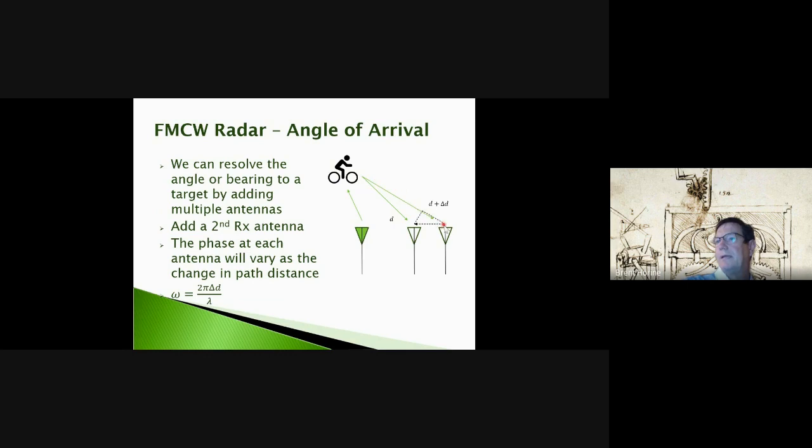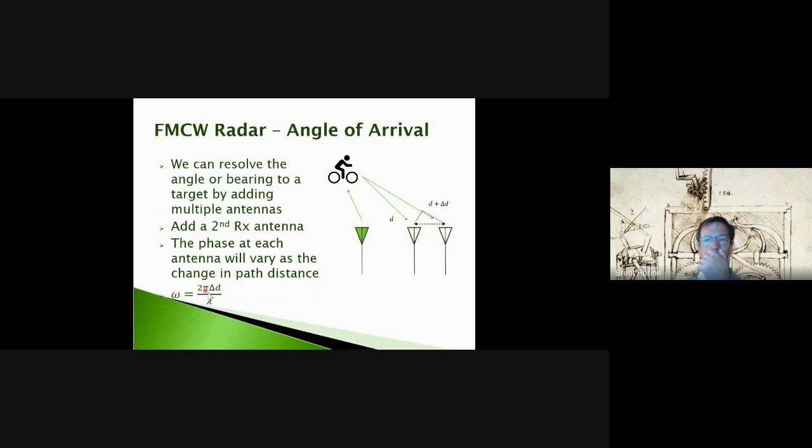In this case, the target is to the left of the center line between these two antennas, so this path is going to be a little bit longer. So it's going to go through another fraction of a wavelength before the signal arrives here and gets converted into currents and processed, right?